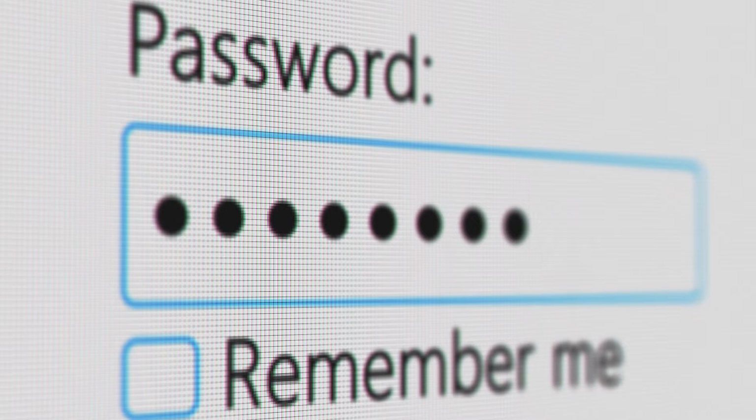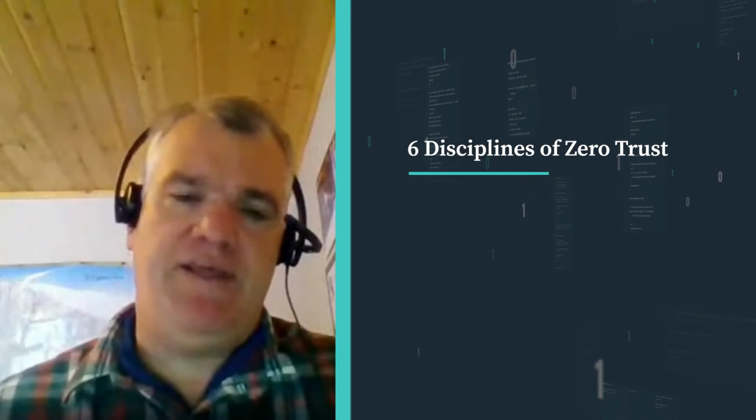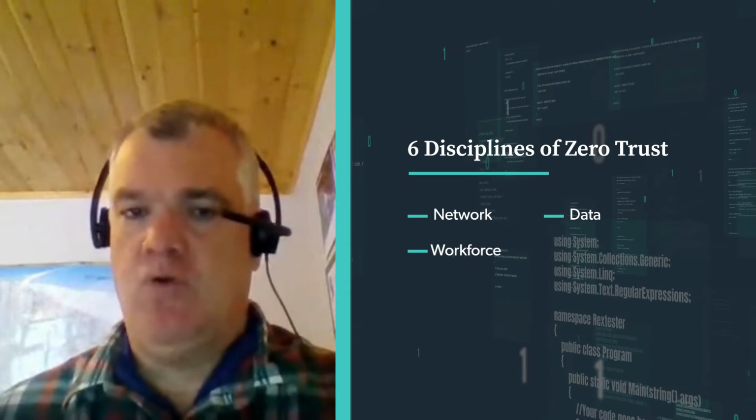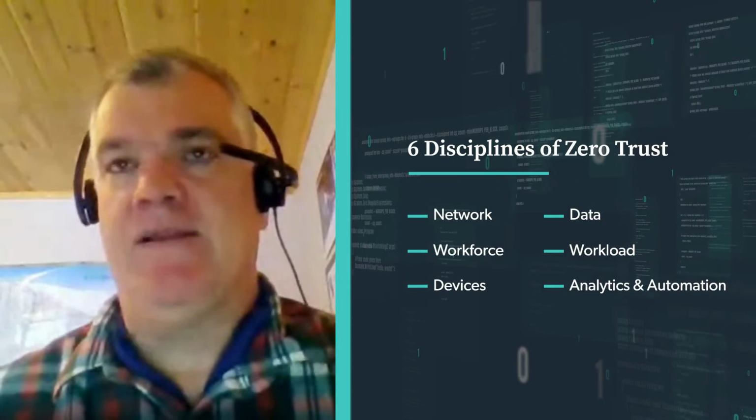So within our maturity model, we actually look at 6 disciplines and then rate your relative maturity in each of those disciplines. And those disciplines are network, data, workforce, workload, device, analytics, and automation.